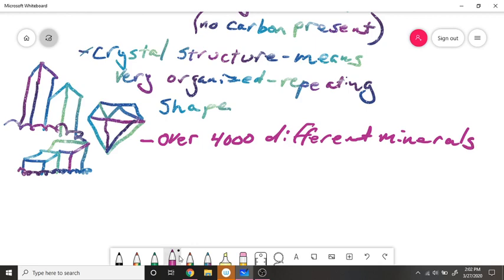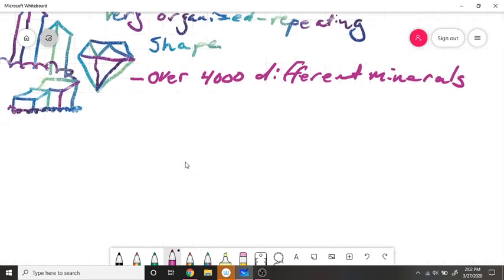Some things you can imagine right off the top of your head because I drew those pictures. So we use them for jewelry.